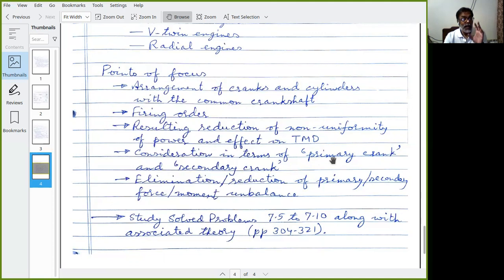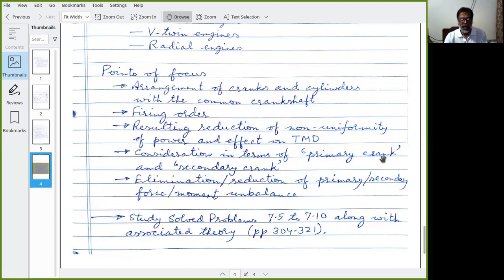All the primary unbalanced forces, we try to consider together, and that we consider as the primary term. Take only the cos theta and not the cos 2 theta, cos 4 theta.